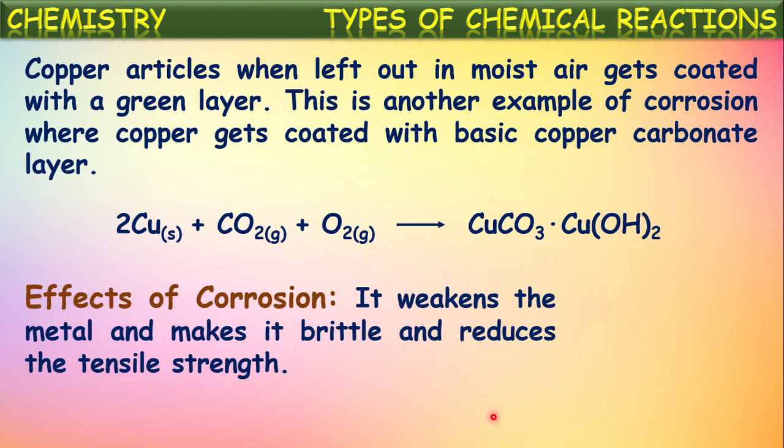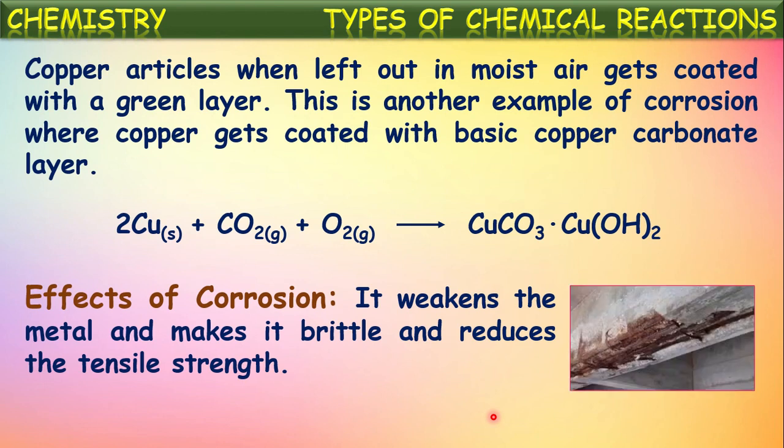So what are the effects of this corrosion? What happens if metals undergo corrosion? What is affected by this? When metals undergo corrosion, it makes them weak. So this corrosion weakens the metals, makes them brittle and reduces their tensile strength.